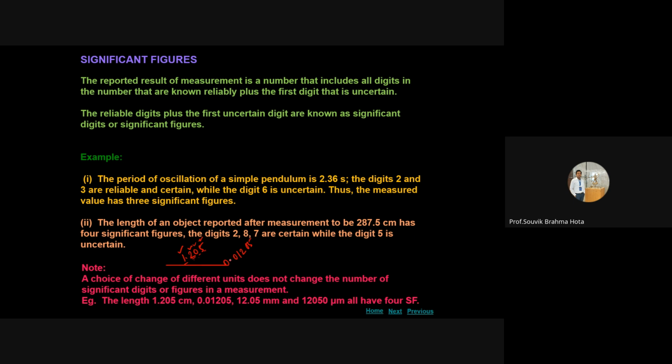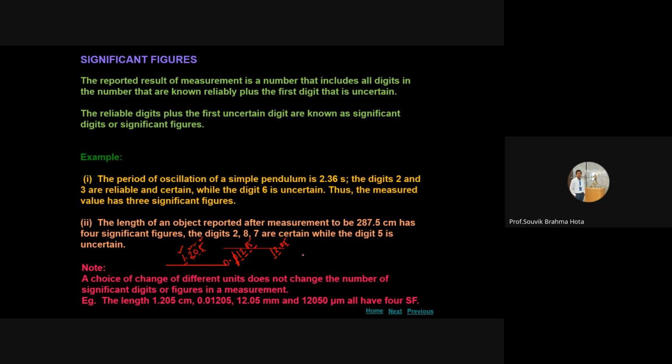After the decimal, you have this 0, this is not significant. 1 is significant, 2 is significant, 0 is significant, 5 is, so again 4 significant. 12.05, here also you have 1 and 2, these two are certain and significant, whereas after the decimal you have 0, but after that also you have some value, so it has four significant figures.